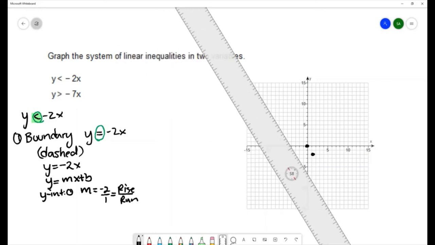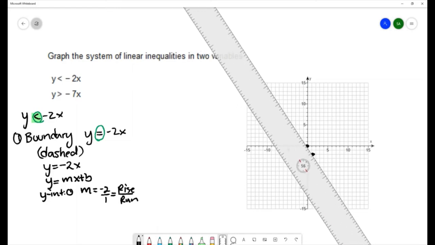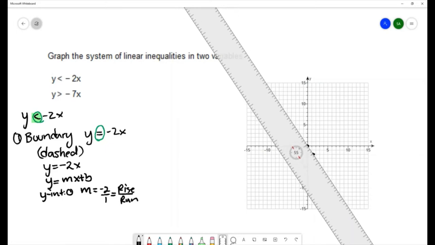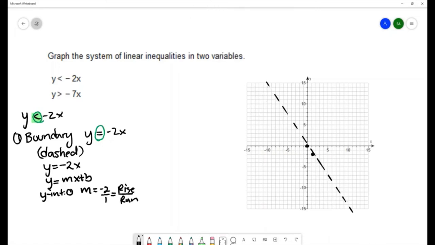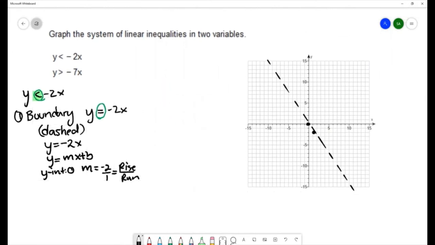We're going to connect those 2 points with a dashed line. Remember, we want to indicate that the boundary is not included. We'll draw that boundary line with a dashed line. Now that we've done the boundary line, we want to do the shading.